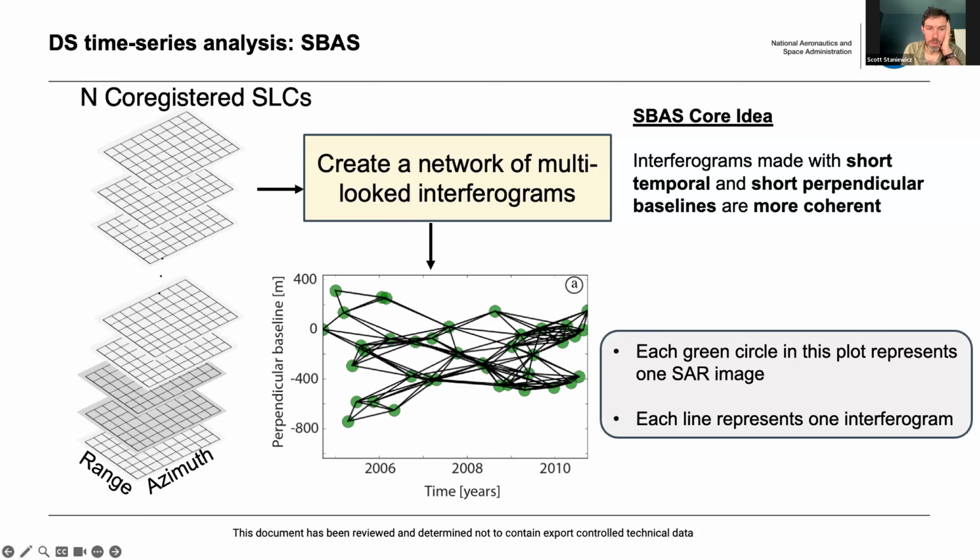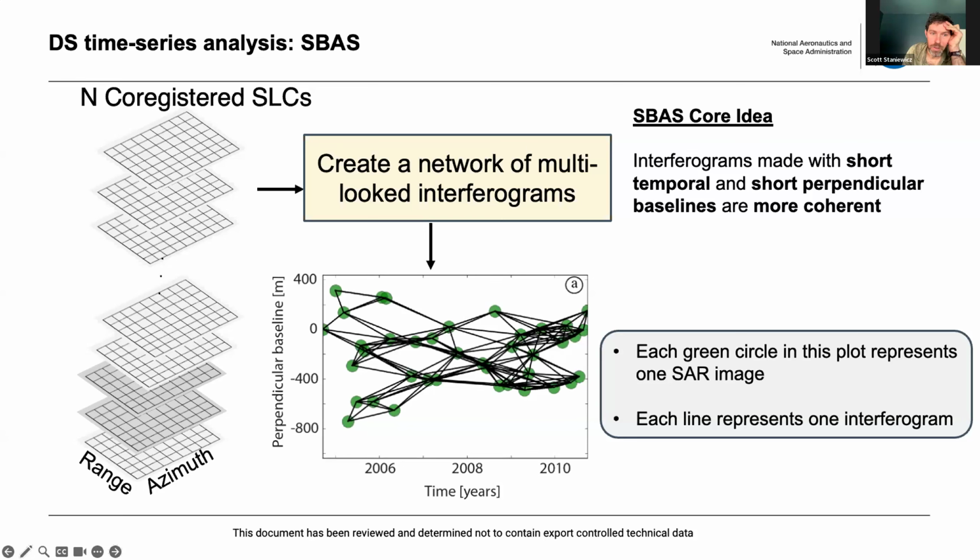And people will form networks like this. If you've seen figures and been confused by this, don't feel bad. It's a little confusing, but the idea is to show an overview of what data is available to form interferograms. So you can make a plot of each green dot is a SAR acquisition, and over time they'll be in different positions on the orbit.